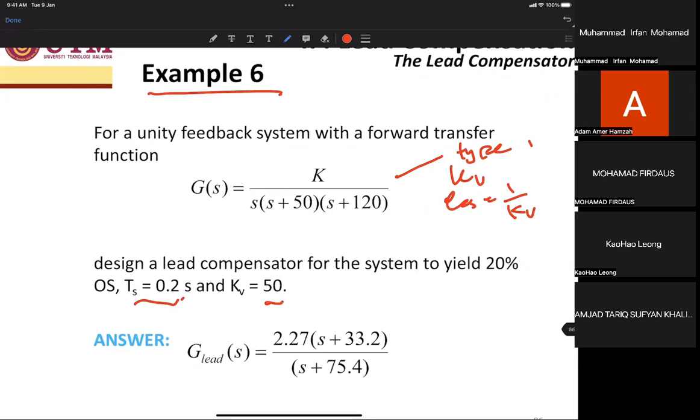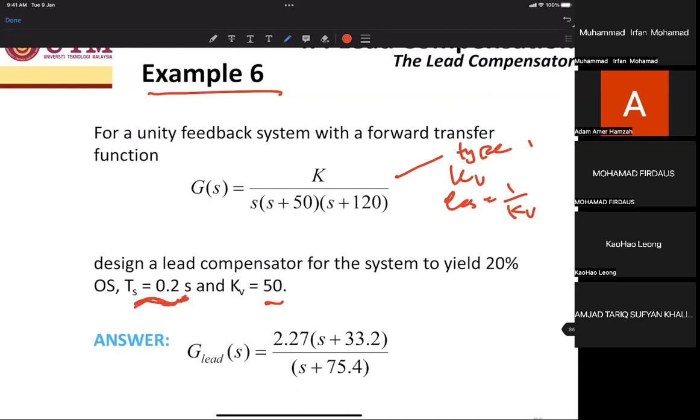If we run this closed loop transfer function and find the time response, 0.2, this is before. After compensation, this one is 0.2.